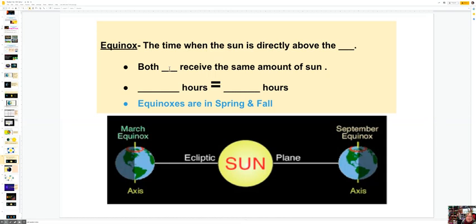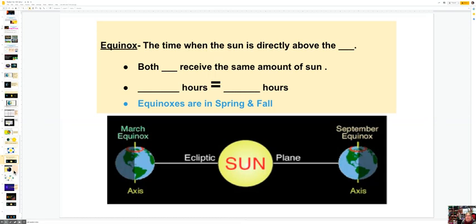Both hemispheres receive the same amount of sun when we are in the equinox. And kids, we have an equinox in the spring and one in the fall. And it's just one day when we get 12 hours of daytime in the northern hemisphere and 12 hours of daytime in the southern hemisphere.